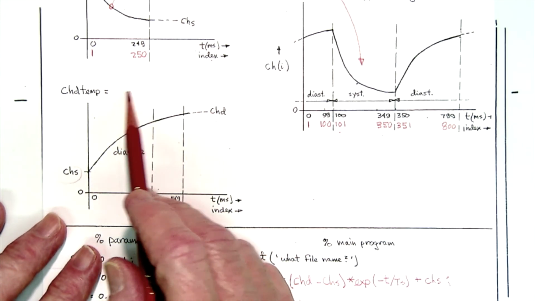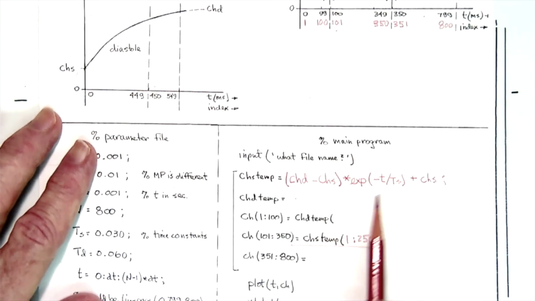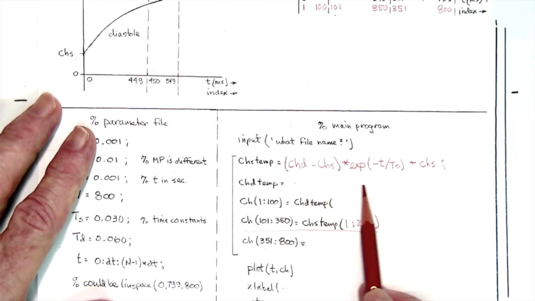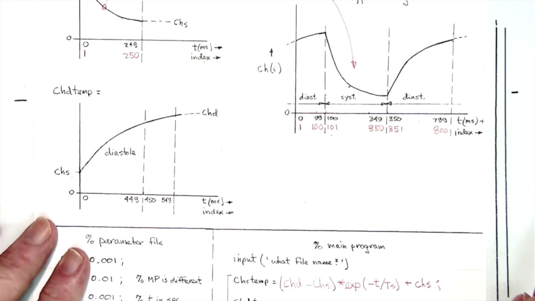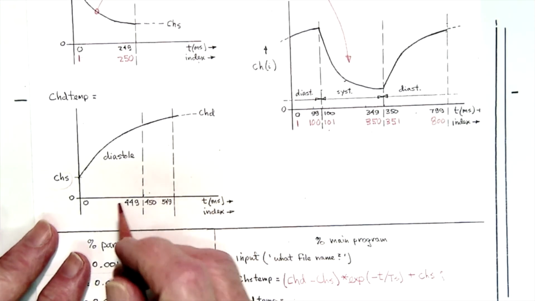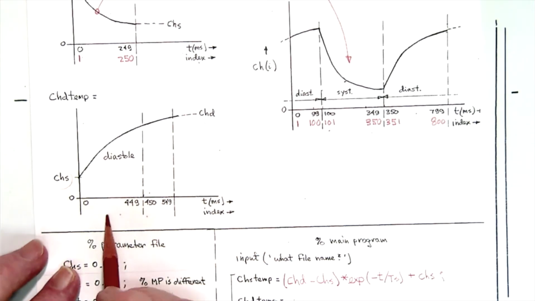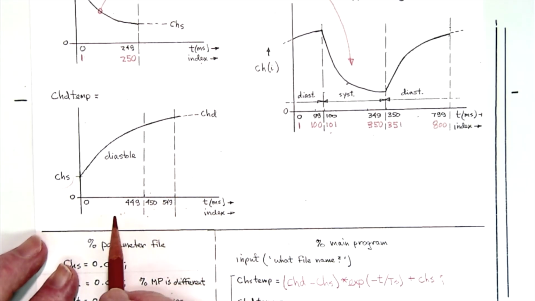So you're going to write an equation there. You're going to put that in your main program for MATLAB right here, and then you're going to add an index 1 down here to each of the milliseconds. I'll let you fill that in.